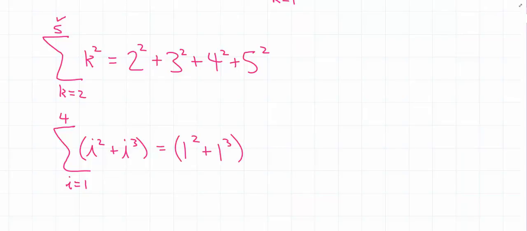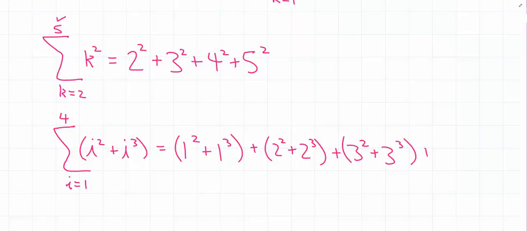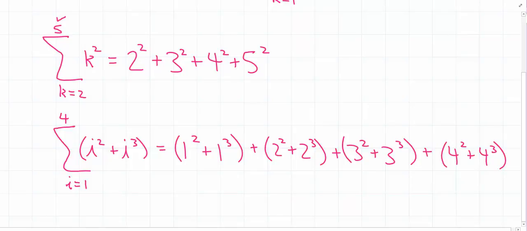There's the first thing. Then we increment it: 2 squared plus 2 cubed, then 3 squared plus 3 cubed, and then one more, 4 squared plus 4 cubed. Obviously, that's just using what I told you about summation notation.